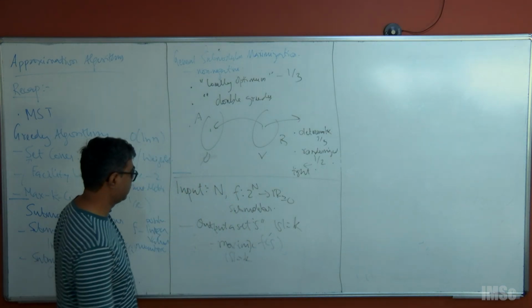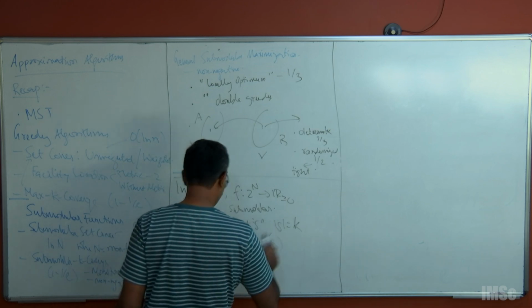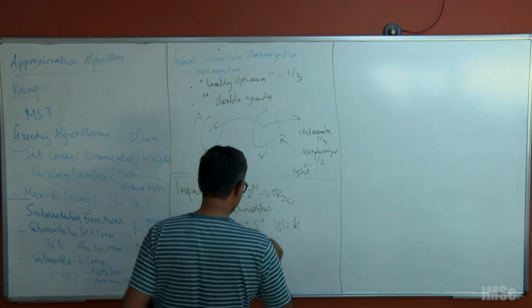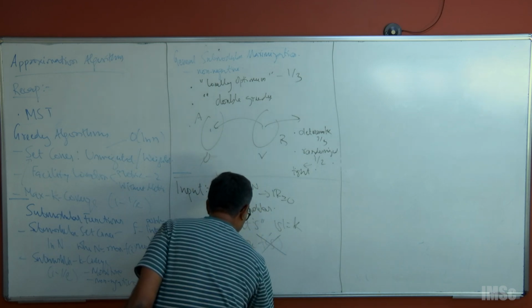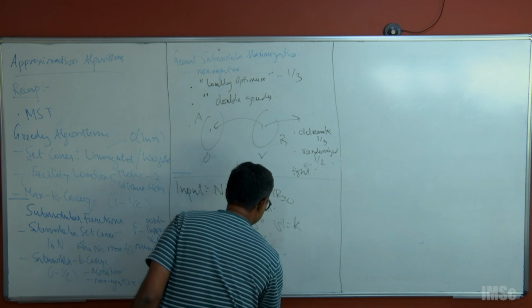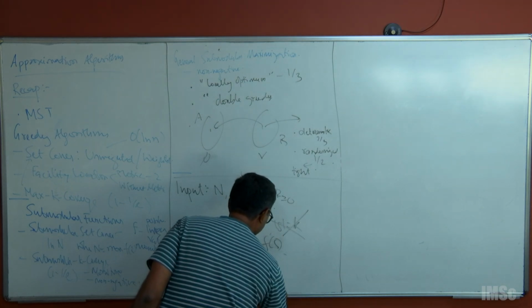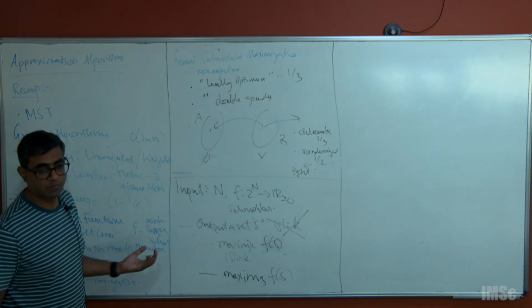But you could also drop this constraint and just maximize f of S. These are called unconstrained, but there are several other forms that people have studied after this.